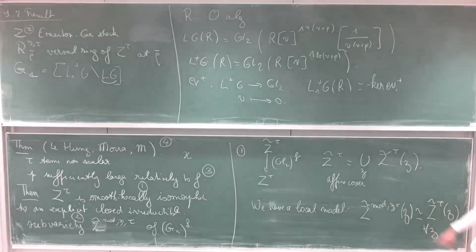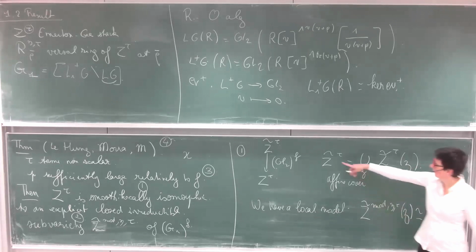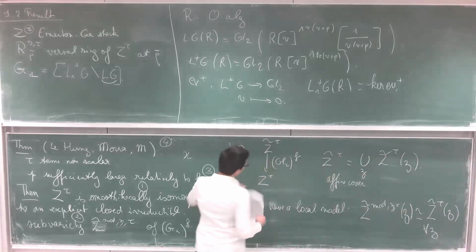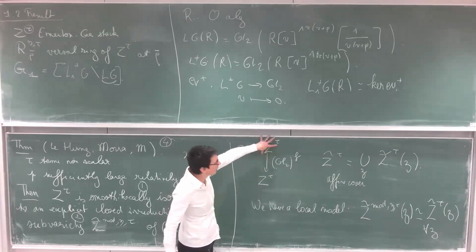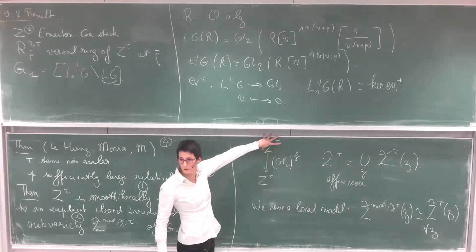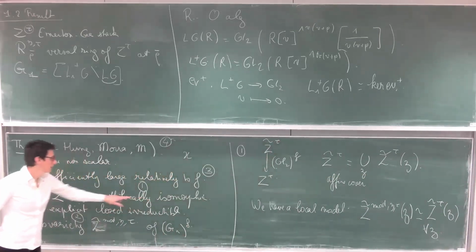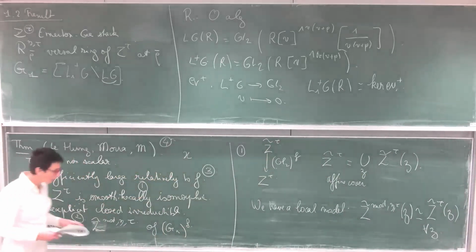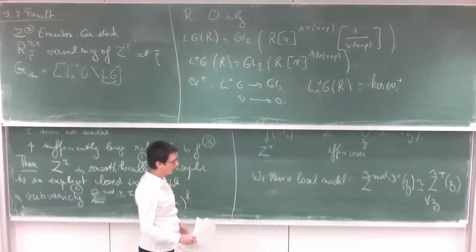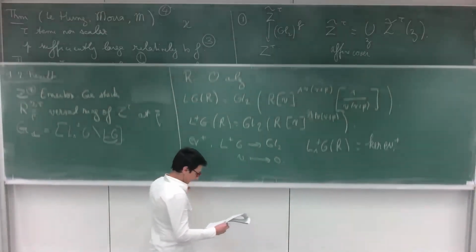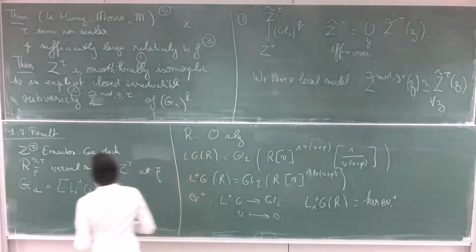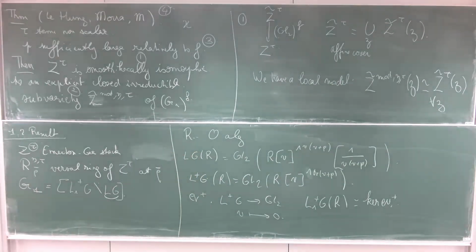So first, I take a GL2 F torsor, and I will describe locally this object. That's the content of the first sentence. So now let me discuss what explicit means.